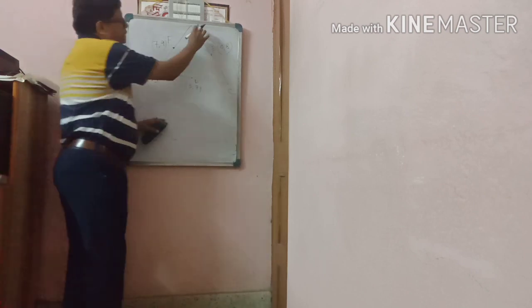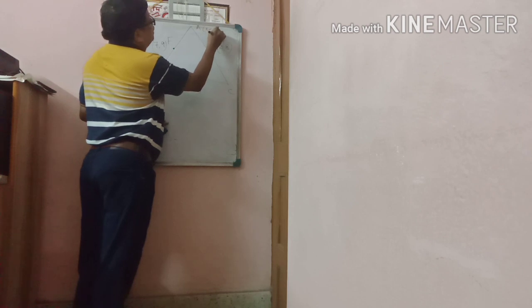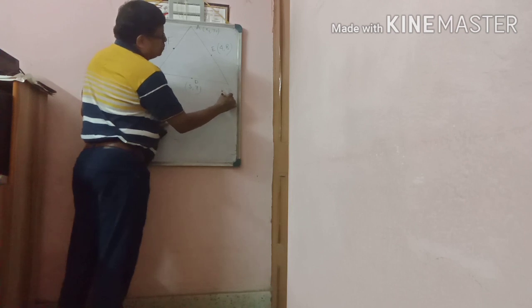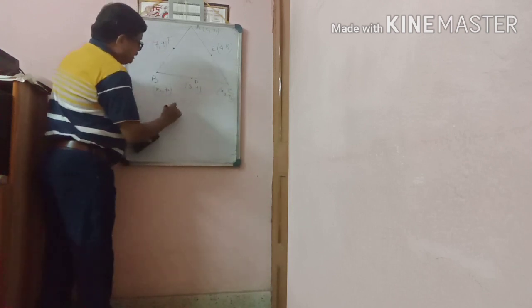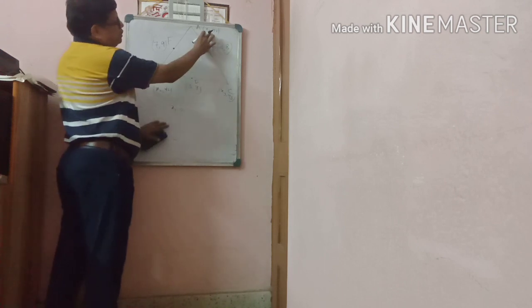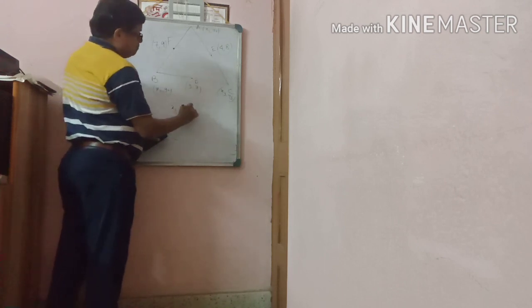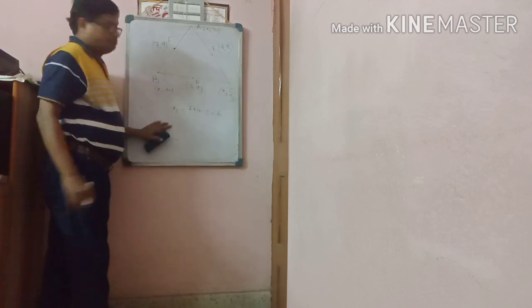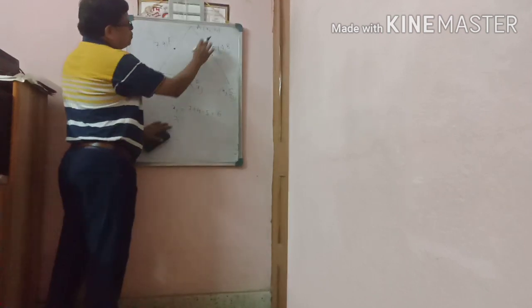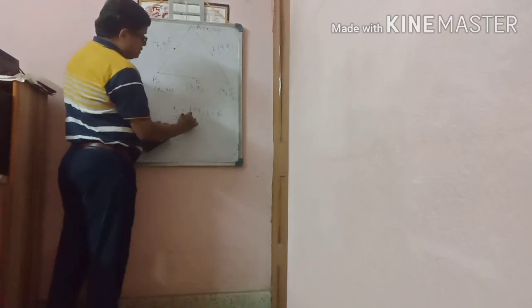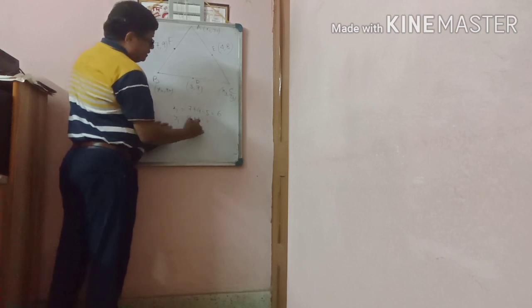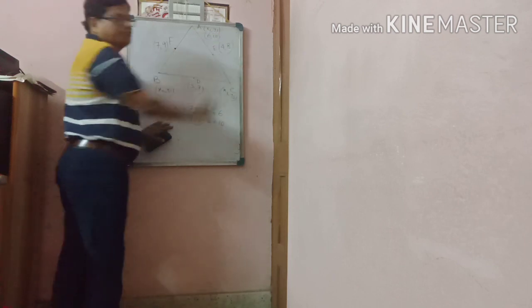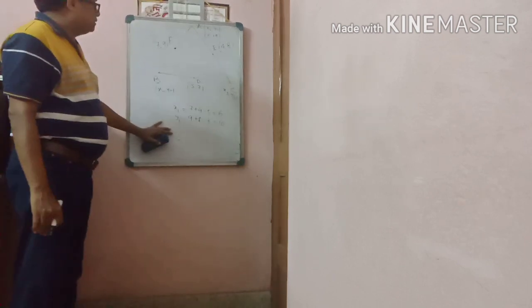So this is x1, y1, x2, y2, x3, y3. So x1 equals 7 plus 4 minus 5, that is 11 minus 5, which is 6. And y1 equals 9 plus 8 minus 7, which is 10. So you will get (6, 10).